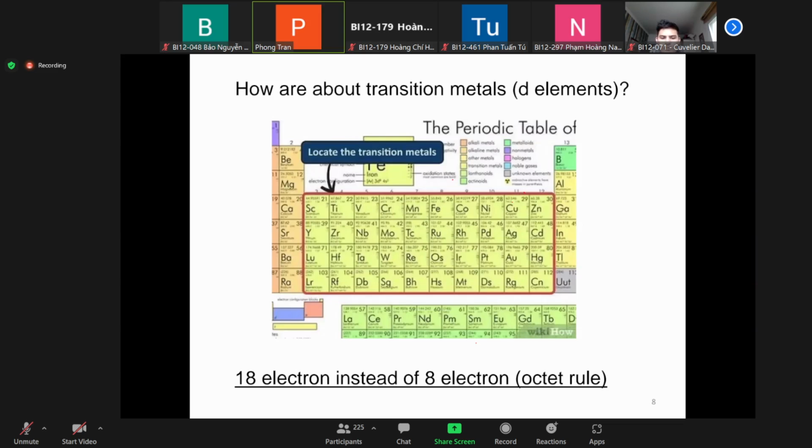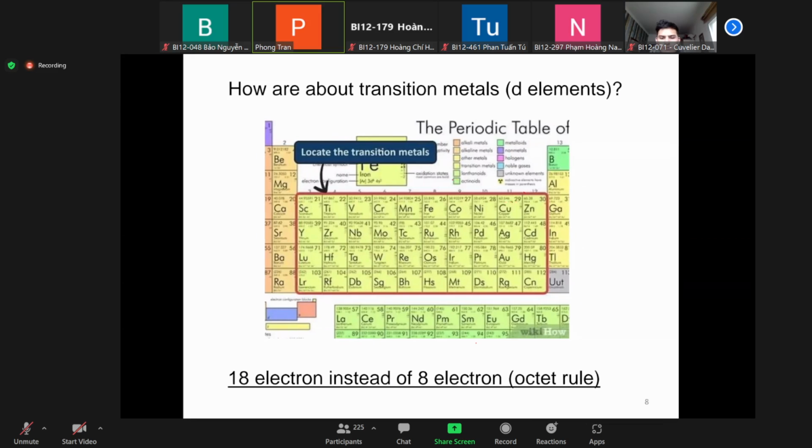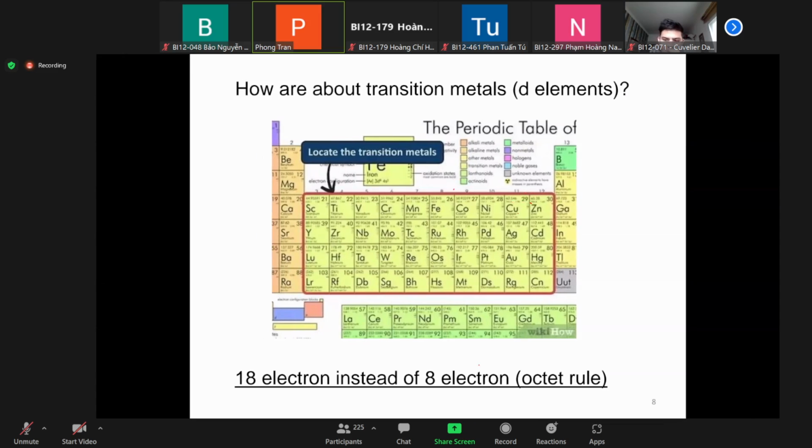All of these elements will have valence electrons in s, p, and d.